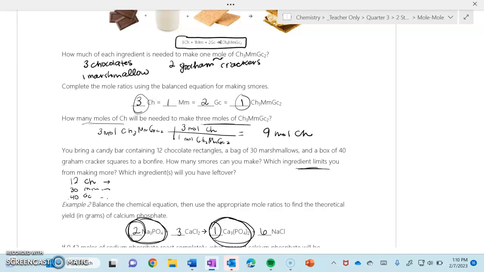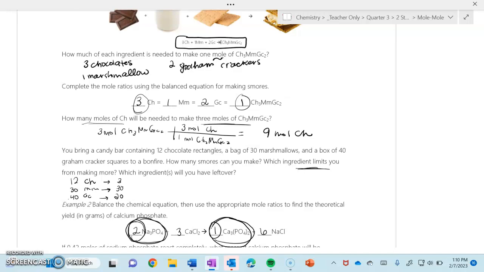Well, that depends on which ingredient we're looking at. So we're going to actually take a look at each of our ingredients and say, okay, if I have everything else, how many can I make? So from my 12 chocolates, I can make a total of 3 s'mores. From my marshmallows, I can make 30. And from my graham crackers, I can make 20, since I'll need 2 for each. So if I have used up all of my ingredients, I can really only make 3 with all ingredients present, because after that, once I get into the 4th s'more, I will have no chocolate left.